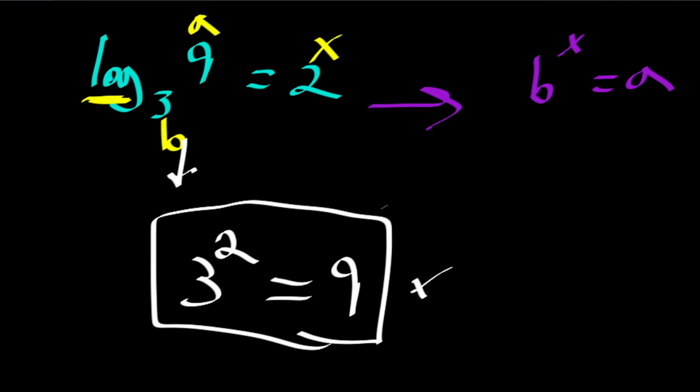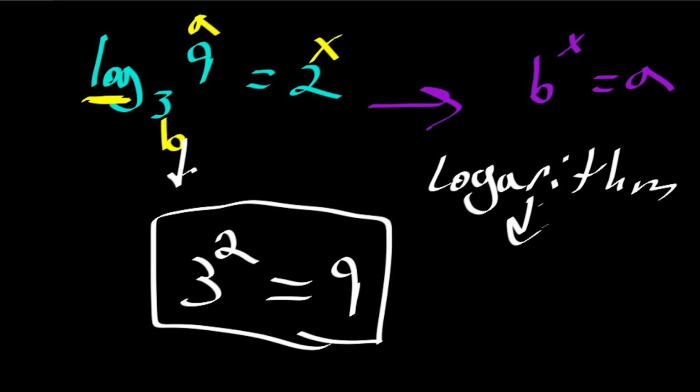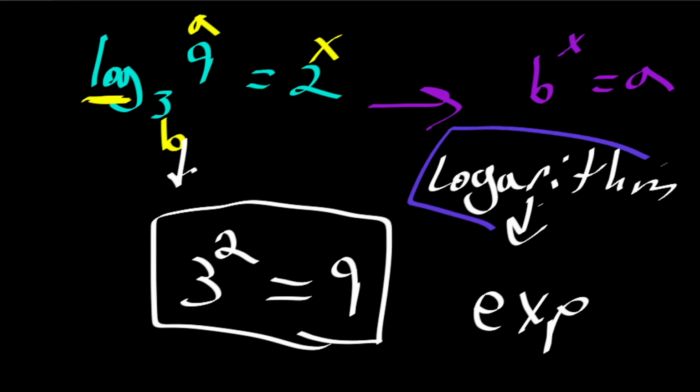Now, here's what this whole process is trying to get you to understand. First of all, it's trying to get you to understand a couple different things. But the first thing is a logarithm. So a logarithm, it's just another way to write an exponent. So when you see a logarithm, if somebody comes into my class, they always look at a logarithm and they're like, whoa, that must be something crazy.